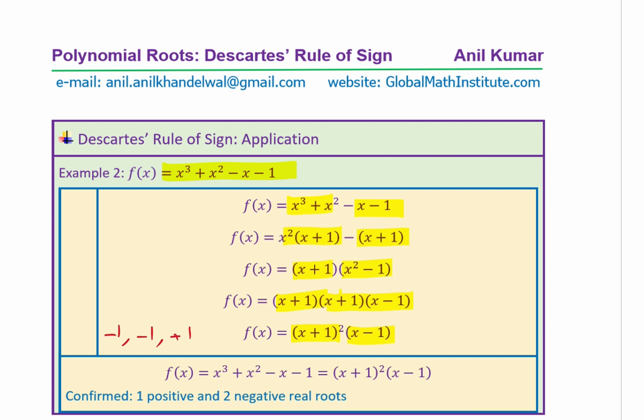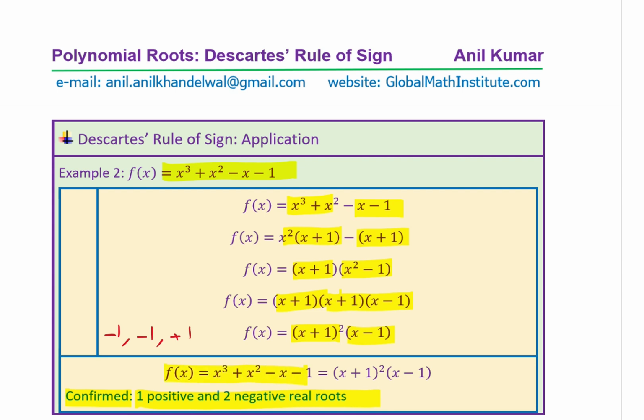As expected, we were expecting for sure one positive root, two or zero negative roots. We get two in this case, right? So no complex roots, correct? So we could factor this as x plus 1 whole square times x minus 1. That really confirms what we had thought about. We have one positive and two negative real roots for the function given to us.